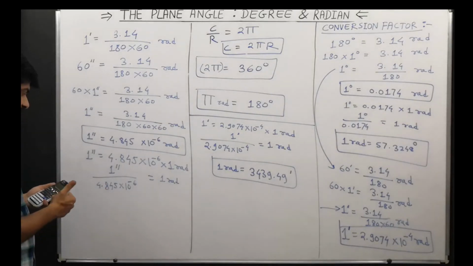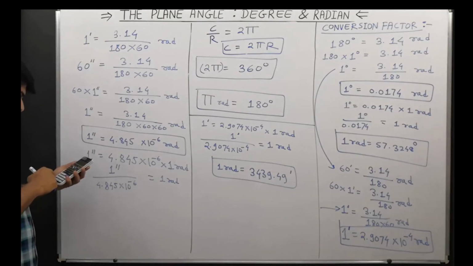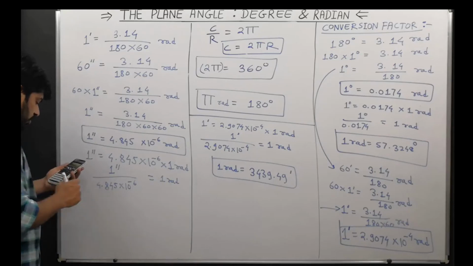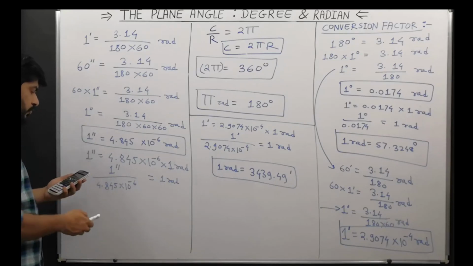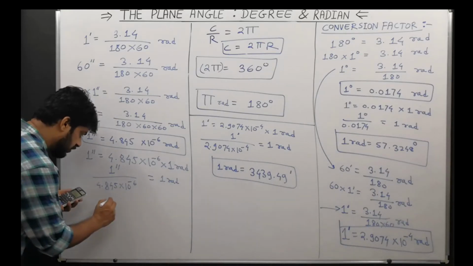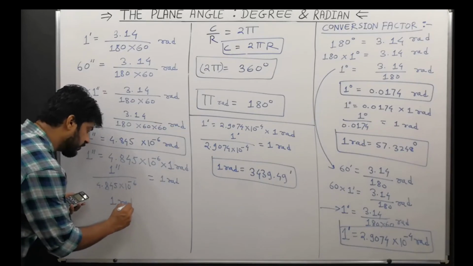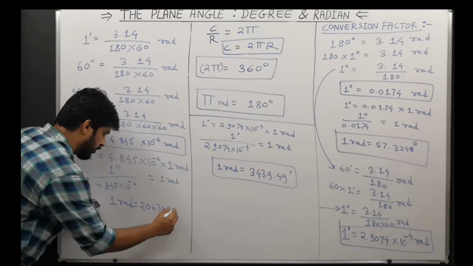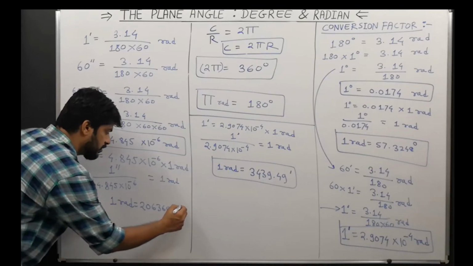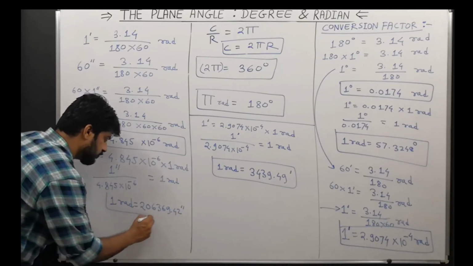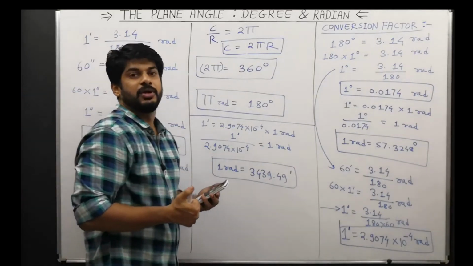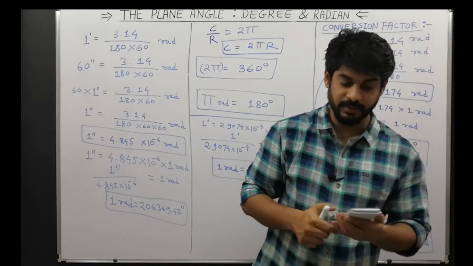So let's divide this and let's see what we get. 1 divided by this whole number, and what we get is, it's a big number. 1 radian is equal to 206369.42 seconds. So we have got this conversion factor again.